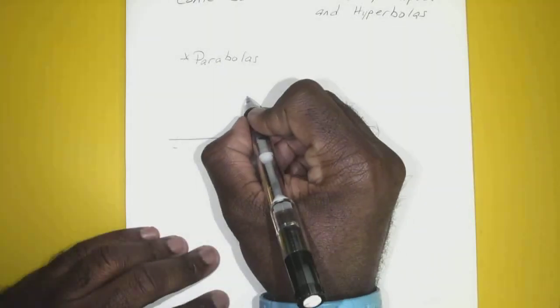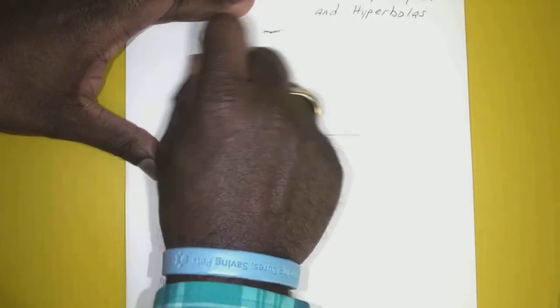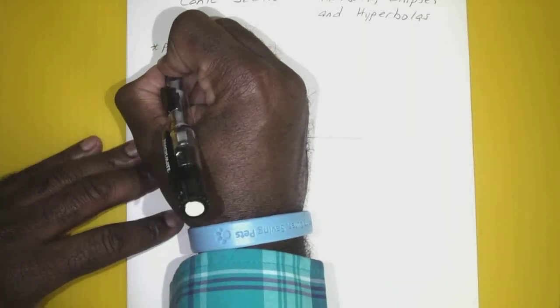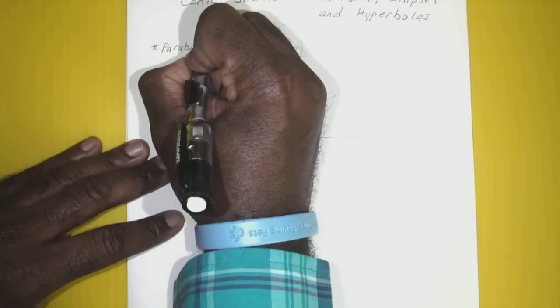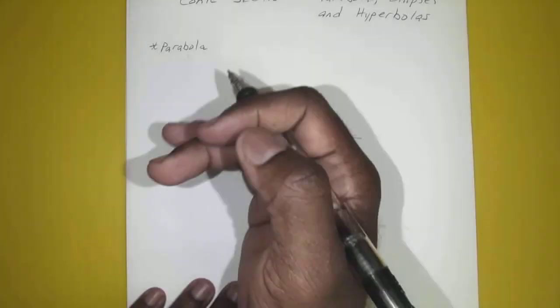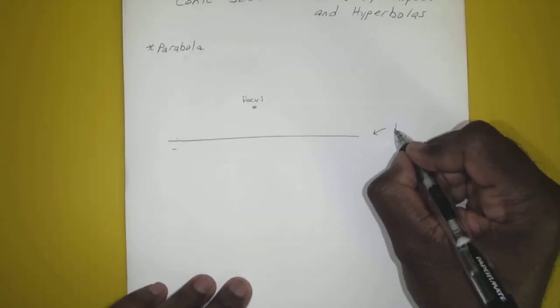Okay, so this point we're going to call our focus. Actually, let me move that parabola up a little bit so it's not in the way. Okay, and this line here, we're going to call our directrix.